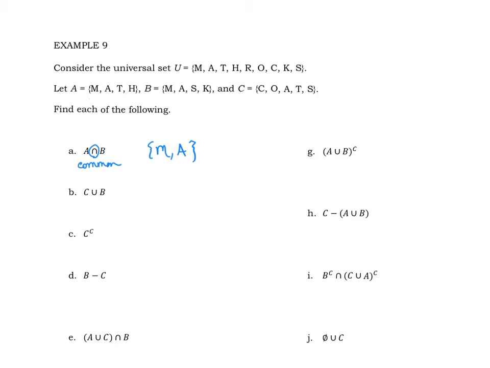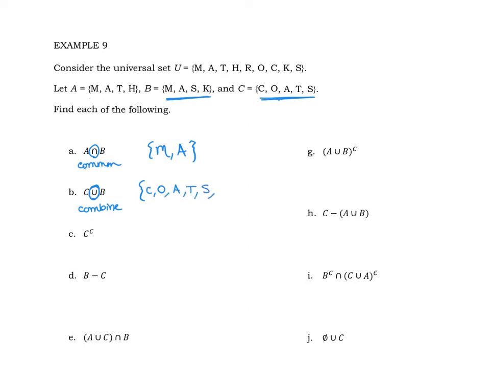Okay. Looking at set B, this is question B. This is C union B. That means we're going to combine everything in set C and set B together. So first I'm going to start with set C, and I'm going to write all of the letters in the word coats.